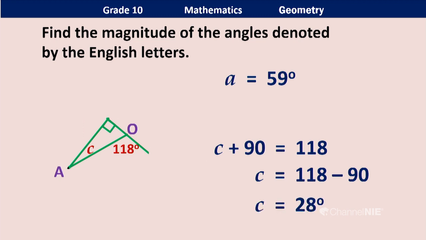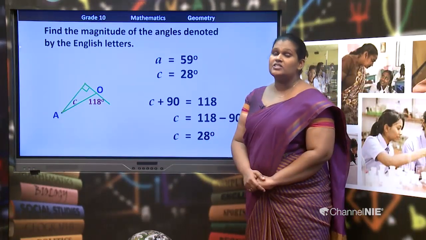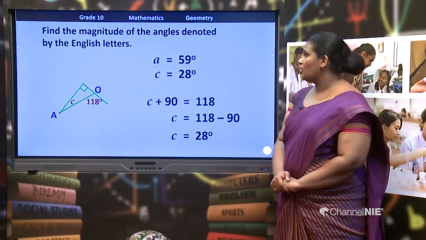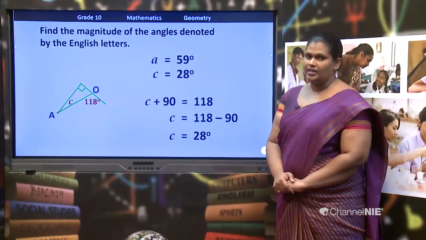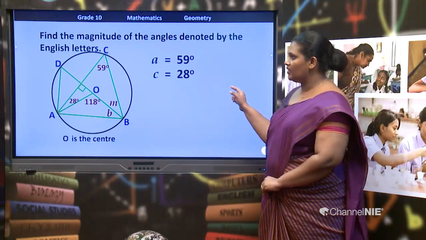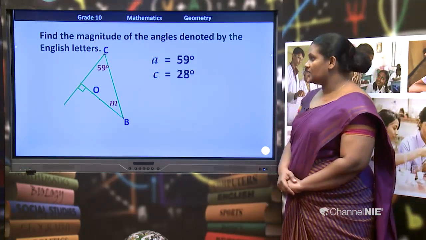From that, we can get the value of C as 28 degrees. Right. Now, we know the value of C as well. The magnitude of C is equal to 28 degrees. Right. Now, I will substitute that value as well. Right. We will get another one.